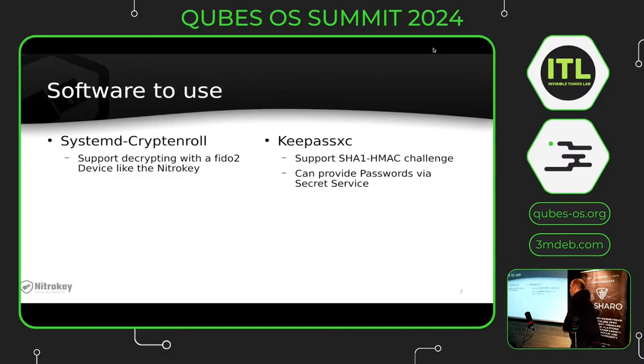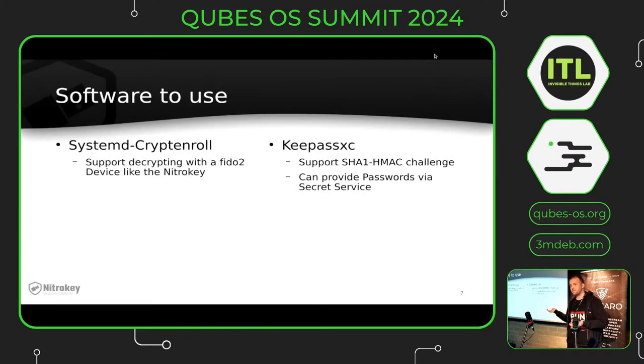So software I looked into is basically systemd-cryptenroll, which is used to use FIDO devices to decrypt your LUKS header, and with that your LUKS partition.